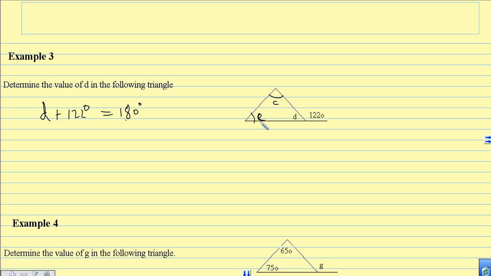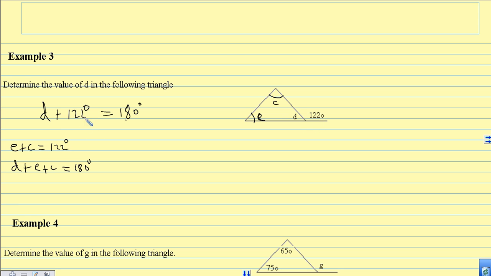But that means that E plus C has to equal 122 degrees also, because D plus 122 equals 180, and D plus E plus C would have to equal 180 degrees as well. So you can see that these two angles here have to be the same as this outside angle here. Okay? So let's just solve this here.